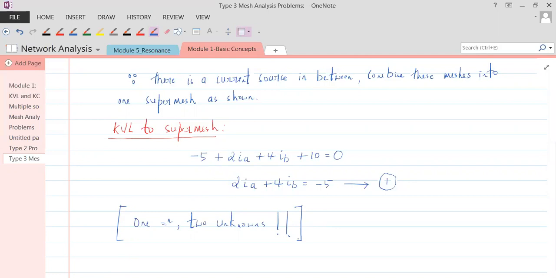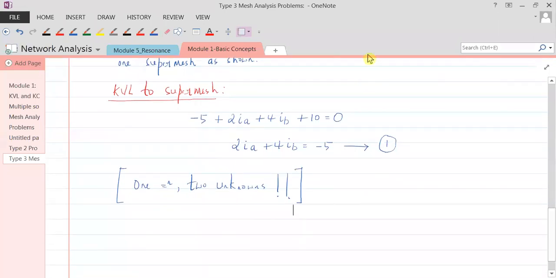This would happen in super mesh. You'll be having a lesser number of KVLs than the number of unknowns. So what we should have is something called the constraint equation.